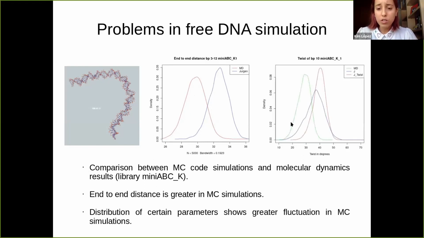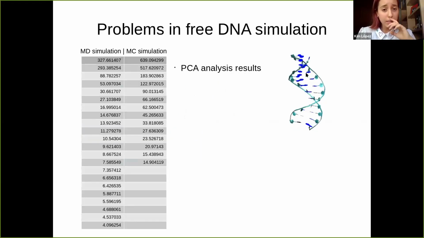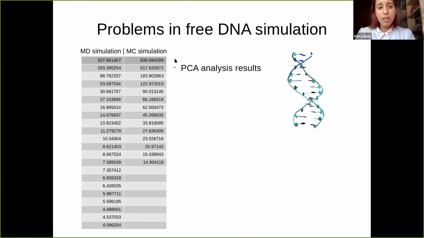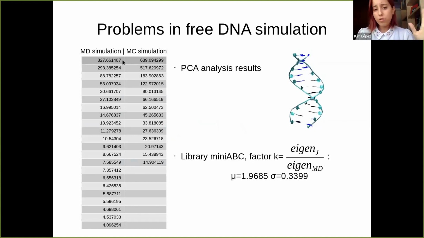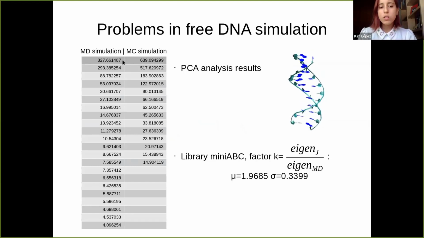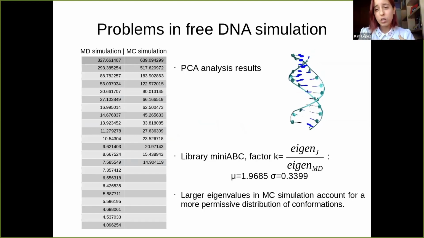The fluctuations in this code and the Jürgen model were also greater than the ones in MD simulations. And lastly, when I conducted PCA analysis, the eigenvalues of the principal directions were also greater in MC simulations than in MD simulations, by a factor of around 2 on average. So all of this showed that we were probably allowing a higher distribution of structures in our code than in MD simulations.